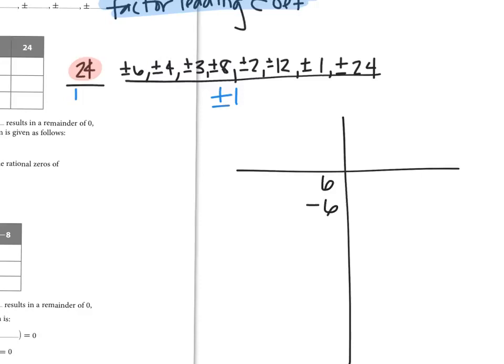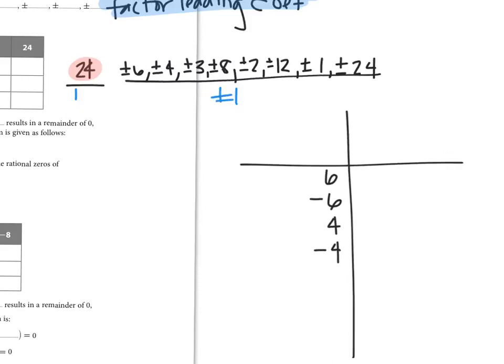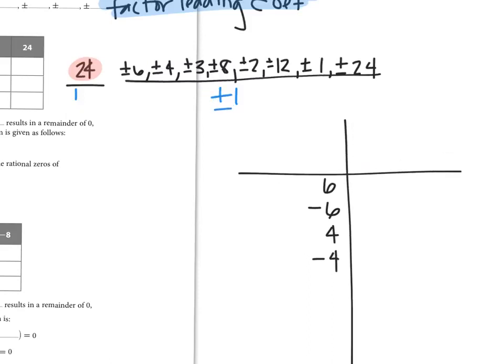Okay, what about 4 divided by 1? 4, so 4 and negative 4. I'm actually doing all the division. I'm doing 6 divided by 1, 4 divided by 1, and then 3 divided by 1.